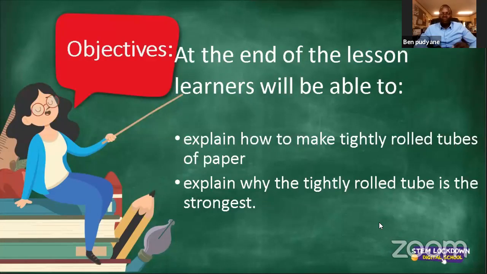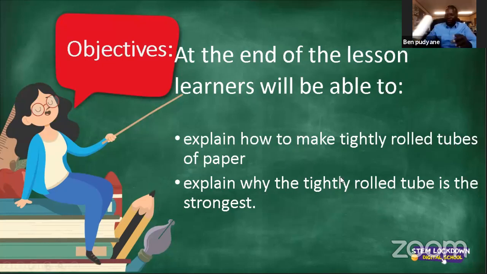The first shape was the circular tube, the second one was the rectangular tube, and the third one was the triangular tube.